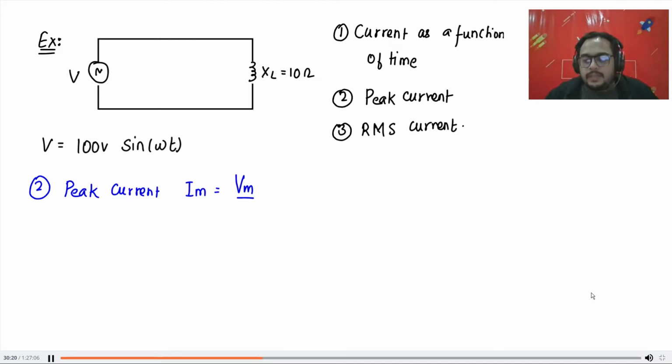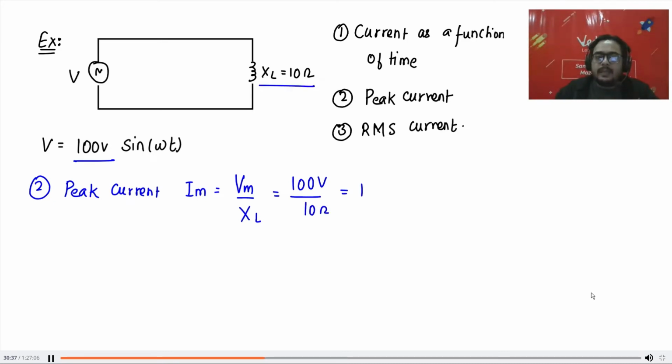Can you tell me? XL. Very good, because it has reactance. So I'll just put it here. Peak voltage is 100 volt upon inductive reactance is 10 ohm. And how much will I get? 10 ampere. Is that clear?